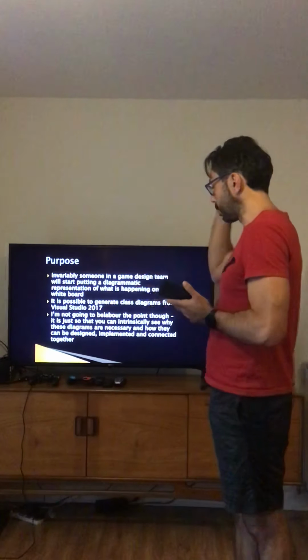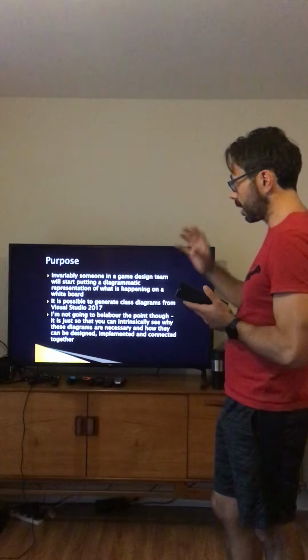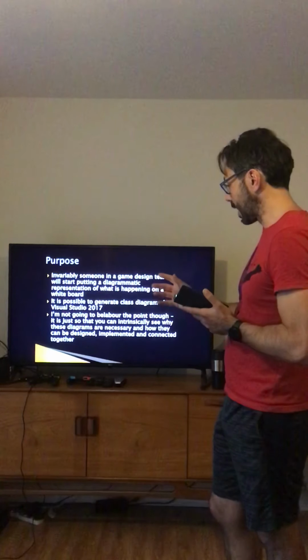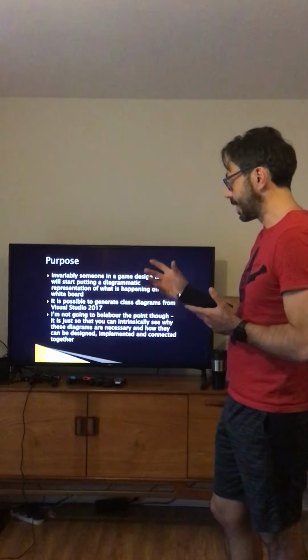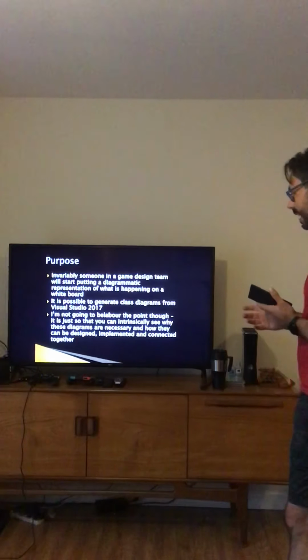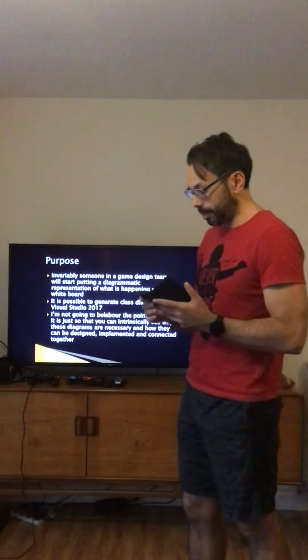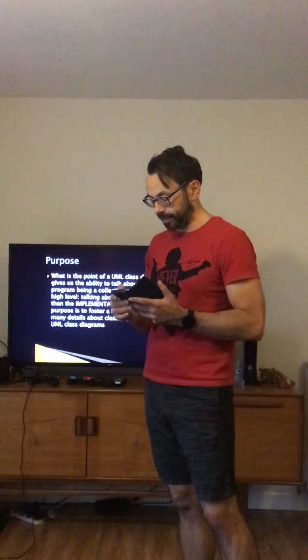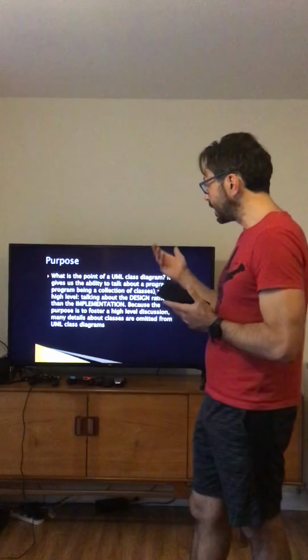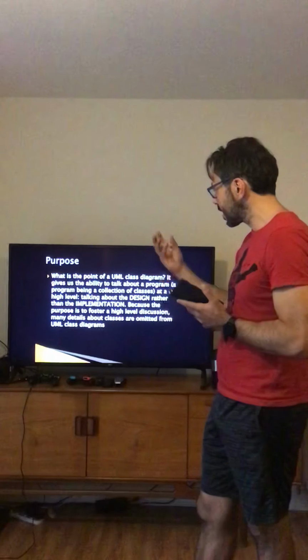I'm not going to belabor the point. It's just to say that you can intrinsically see why these diagrams are necessary and how they can be designed, implemented and connected together. So what's the point of a UML class diagram?